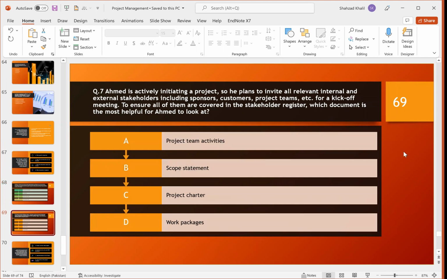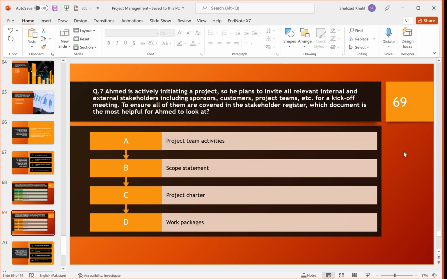Ahmed is actively initiating a project. So he plans to invite all relevant internal and external stakeholders, including sponsors, customers, project teams, etc., for a kickoff meeting. To ensure all of them are covered in the stakeholder register, which document is the most helpful for Ahmed to look at?